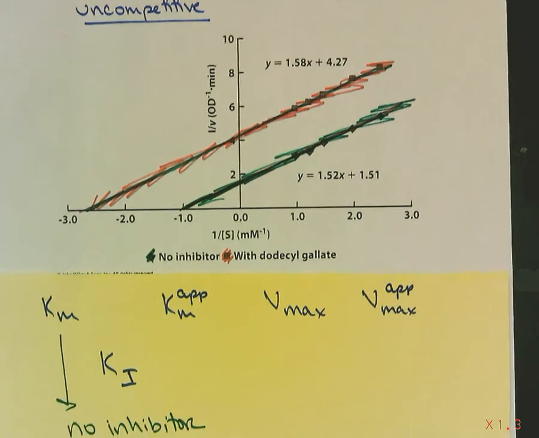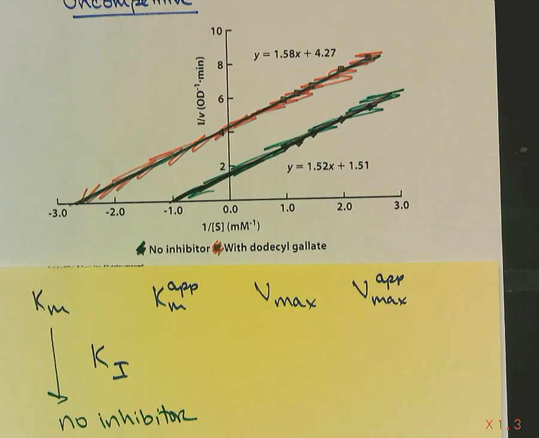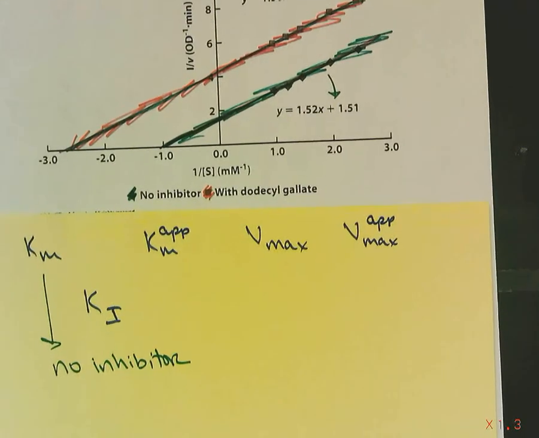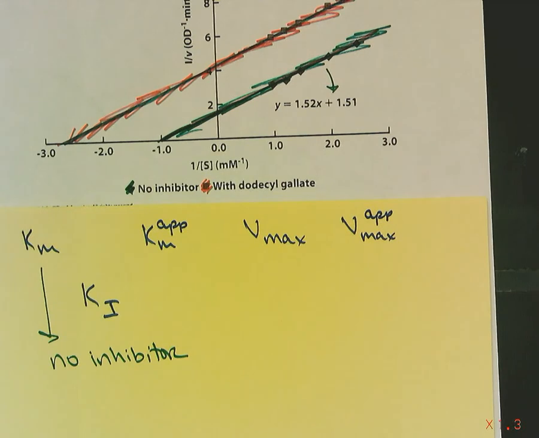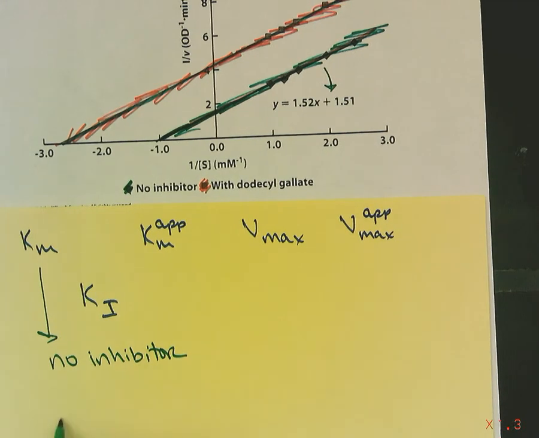All right. So now I got my color coding, right? It's a little crazy looking. It's all right. You just need the equation on the line. All right. So I want to calculate Km for no inhibitor. So how do I go about using my equation on the line?